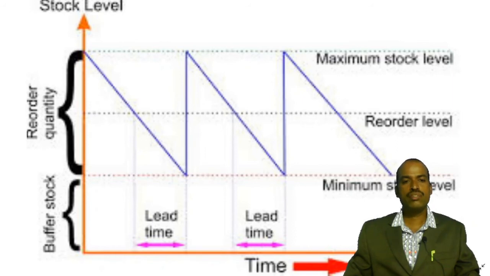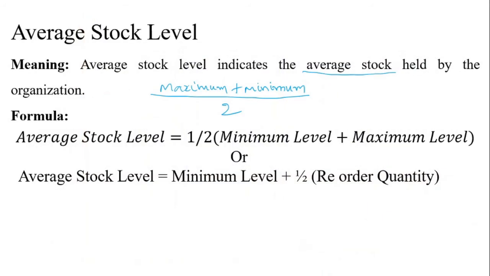This average stock is useful for taking decisions with respect to storage cost or warehousing cost. The formula is average stock level equals 1 by 2 (minimum level plus maximum level), or we can calculate it with another formula: minimum level plus 1 by 2 of reorder quantity.